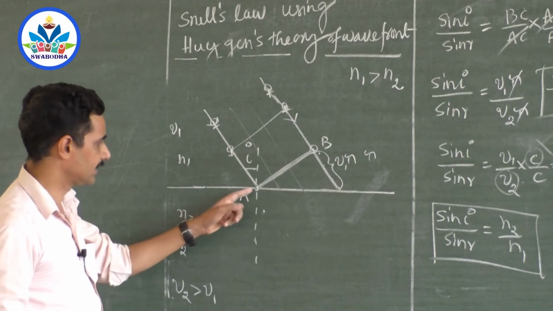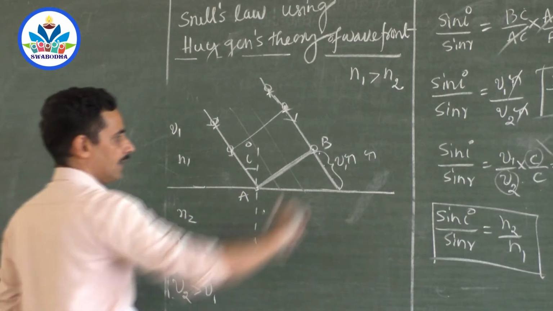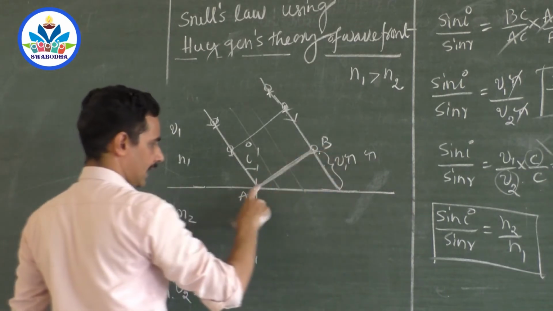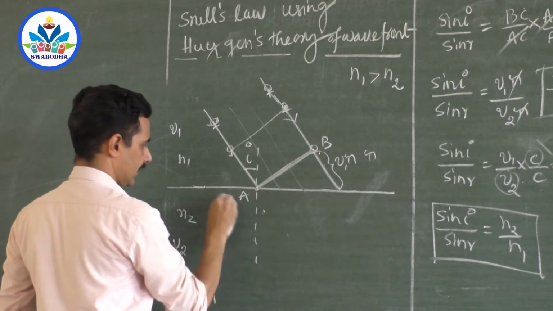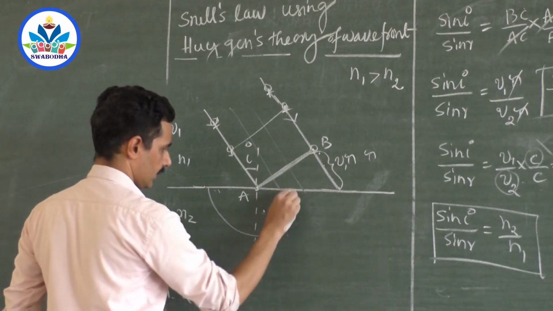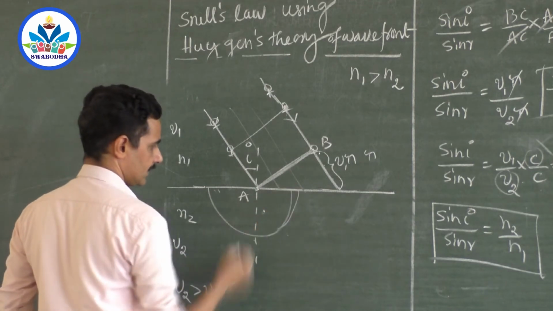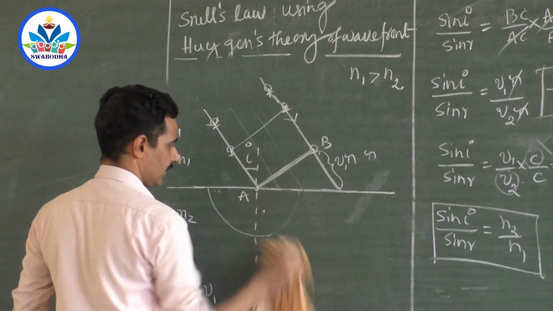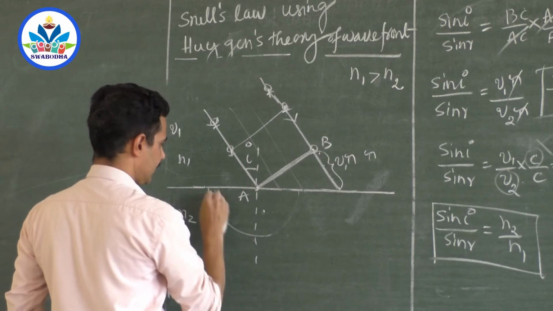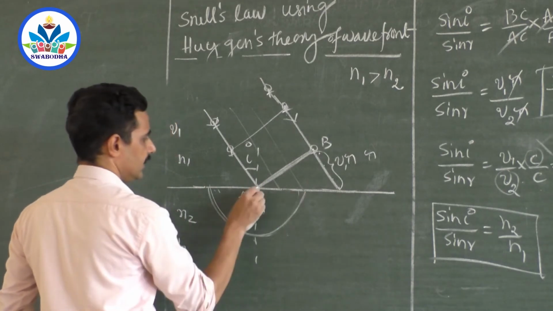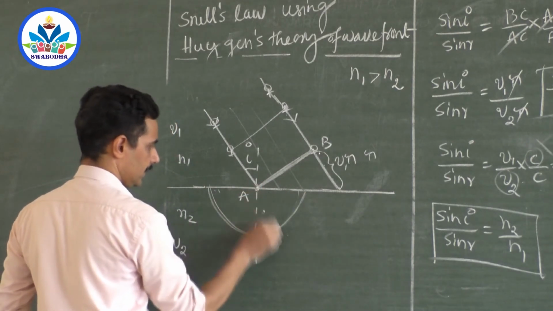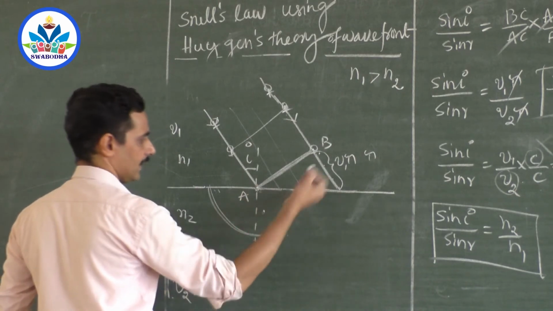So here this can travel a larger distance, and you have to take this length and draw an arc here to trace this ray. So you have to take a larger one. Am I right? You have to take a larger circle, because I don't know where this wave might be. This is the center and a larger circle like this. This wave may be here, maybe here, maybe here, maybe all these distances are the same.